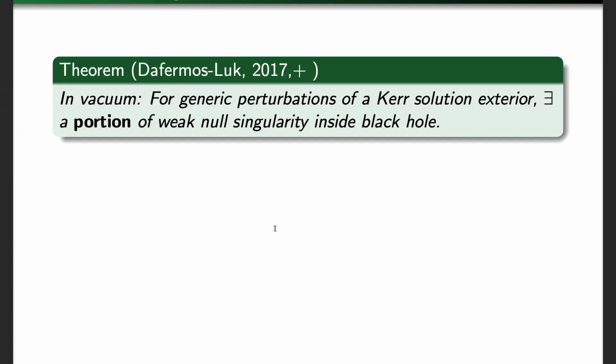Exactly how non-smooth has not been determined yet, but at least it doesn't admit a continuous extension. Okay. Right. So there's some weak null singularity on a portion of the Cauchy horizon.